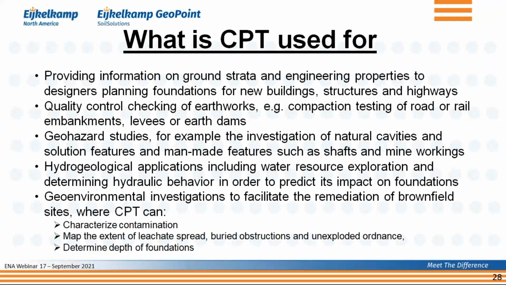And if you have a particular application where you say, hey, this is what I would like to do, start thinking about what you can do simply by putting the appropriate sensor in a module behind the cone.